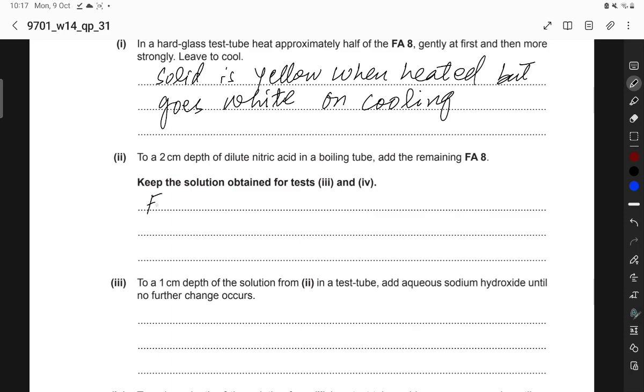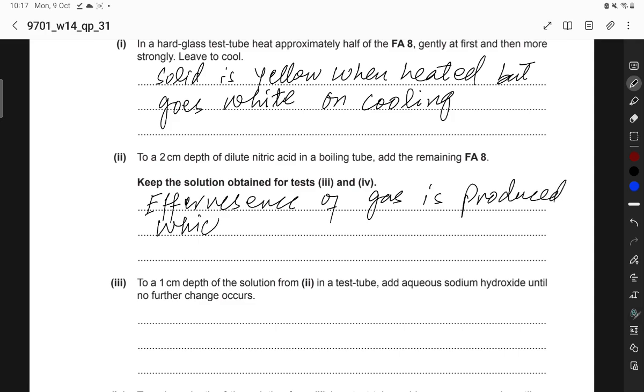Effervescence of gas is produced, which turns lime water milky. It means carbonate ions are present in this compound.